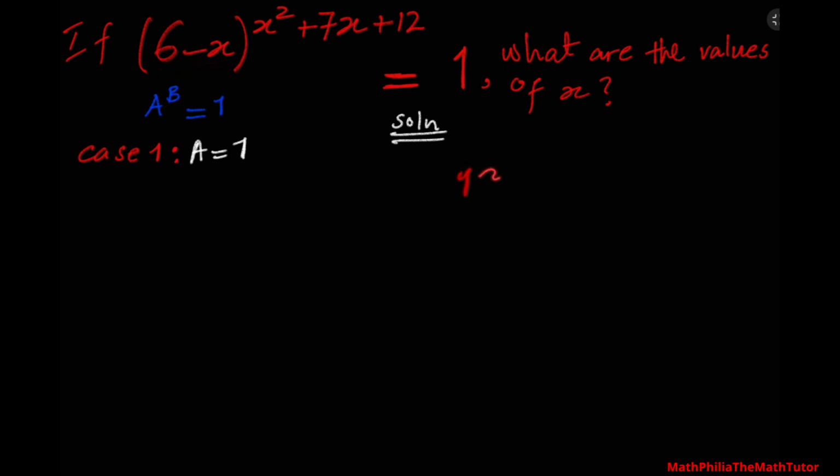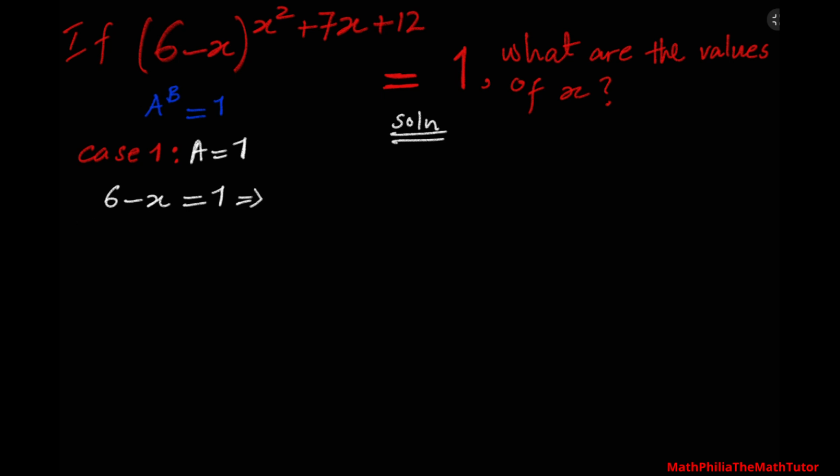Because 1 raised to the power of anything is just 1. Of course, except infinity, that is something different. But apart from that, I mean, real numbers, 1 raised to the power of any real number is 1. So therefore, case 1, we can say 6 minus x is equal to 1, and that is going to be true for every value of x.